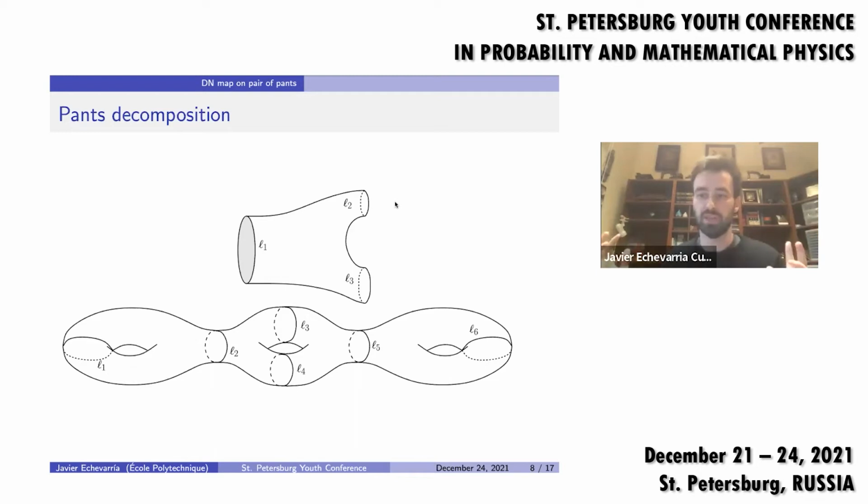This gives us a lot of flexibility because, one, it means that we can reuse calculations. We can do a very high precision thing on one pair of pants and then reuse that later when we build a surface from that. It also means that we can calculate all sorts of surfaces programmatically without having to ask the user to draw them in a sophisticated way, or give an equation that would be really not user friendly.